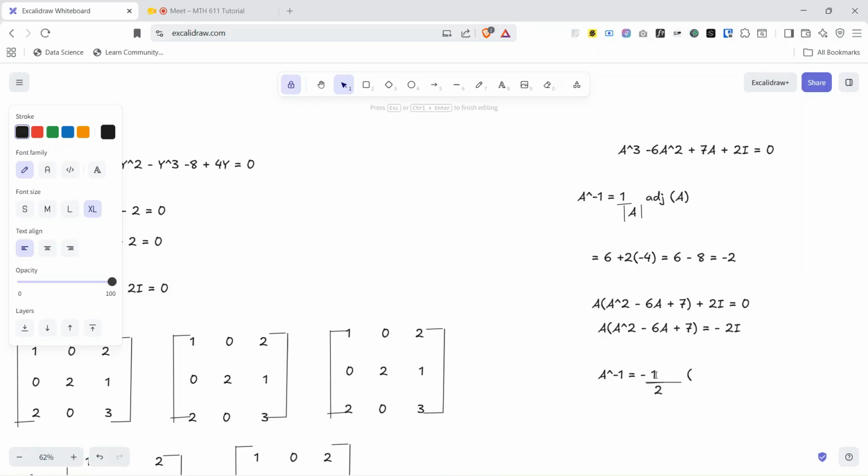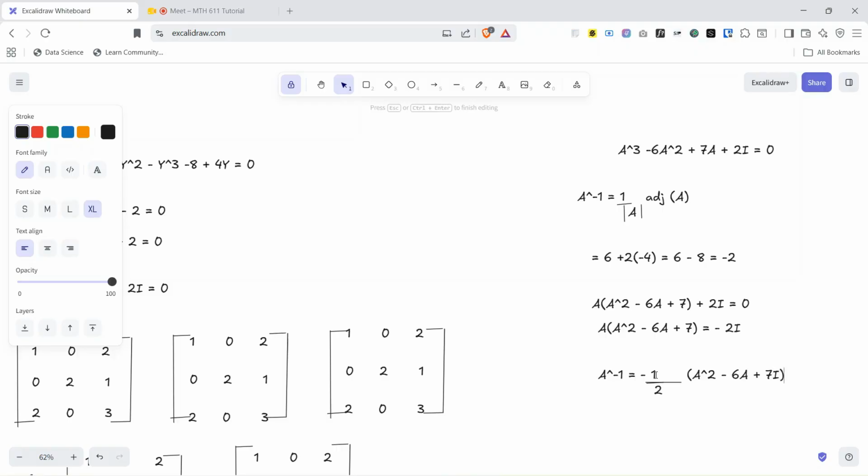That is what I'm trying to use here, but I think I've forgotten. But it's going to be this A square minus 6A plus 7. So 7 here will now be 7i.